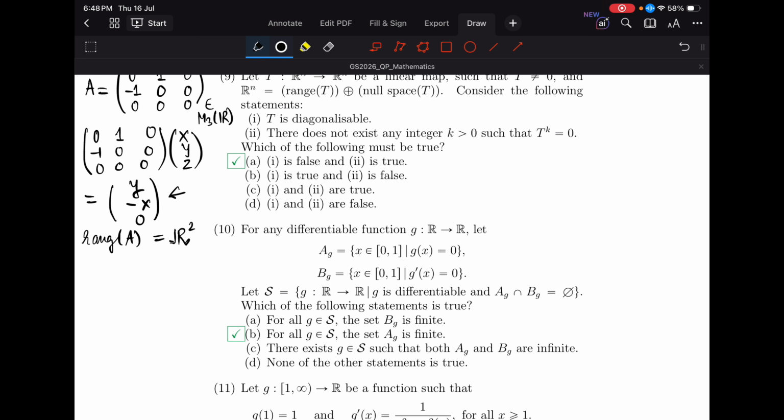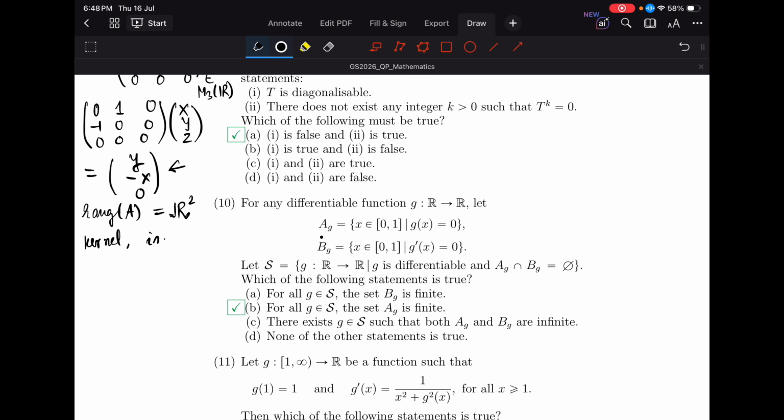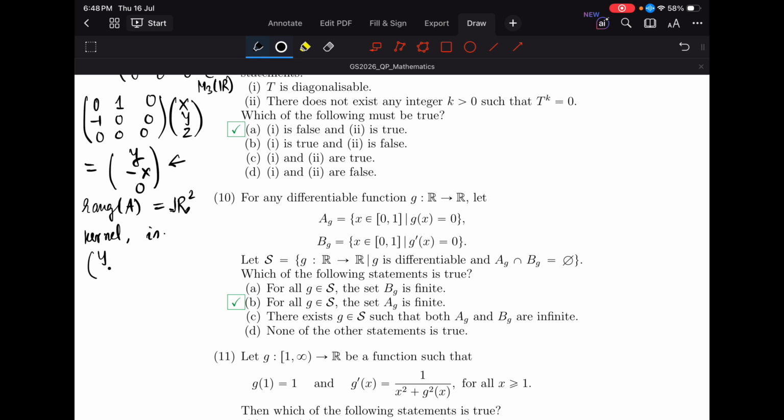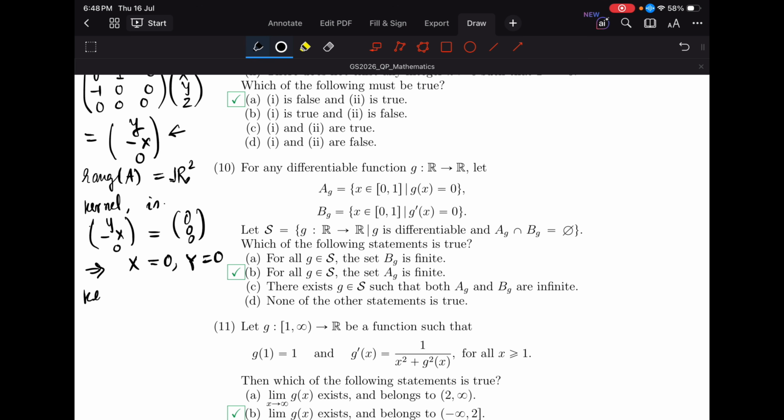Range is R2, but if you compute the kernel, the kernel is when y, minus x, 0 is 0 0 0. Kernel is when the image is 0, then x comma y comma z is inside the kernel. This will imply x equal to 0, y equal to 0. So the kernel, which means null space, kernel of A equals 0 0 z.